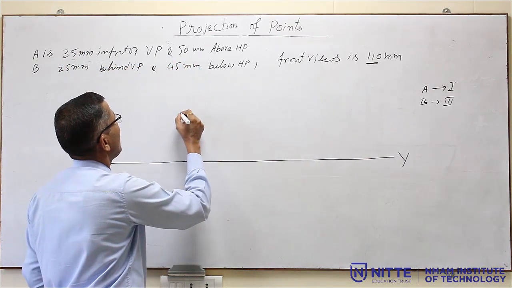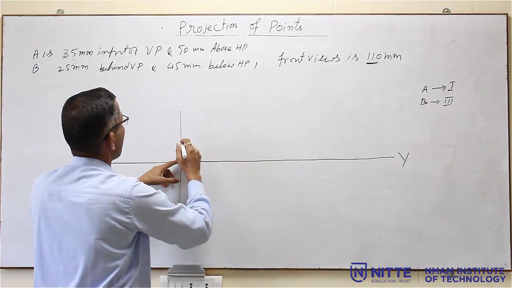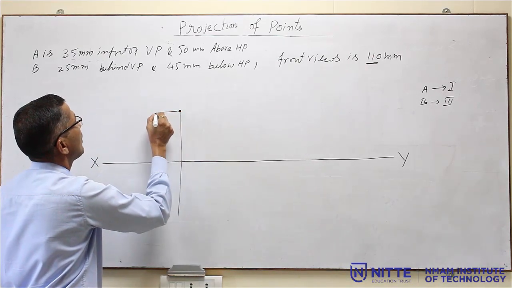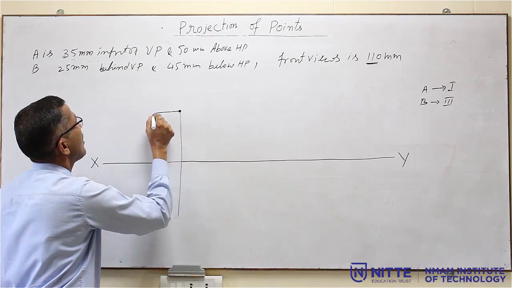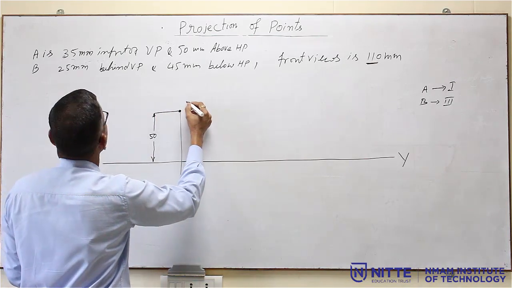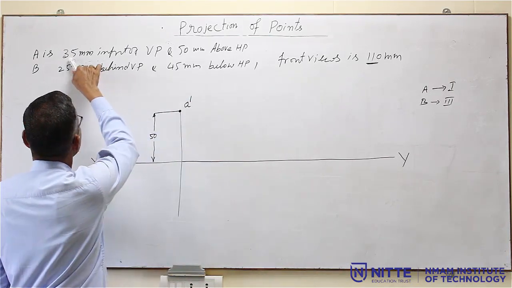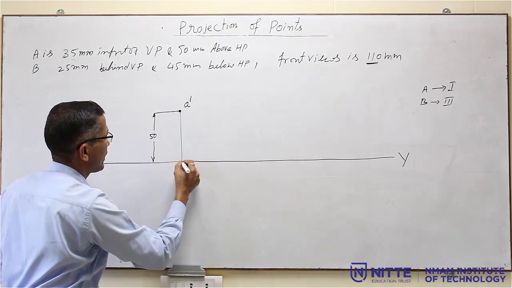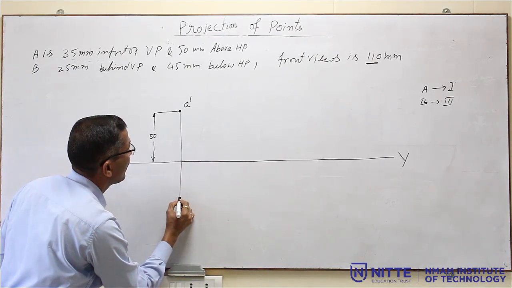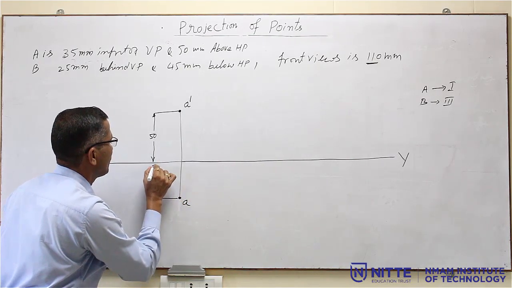Simply you draw a light line perpendicular to XY line, and on this, 50 mm above HP, call that A dash. And 35 mm in front of VP: from here you measure a distance of 35 mm and call this A.